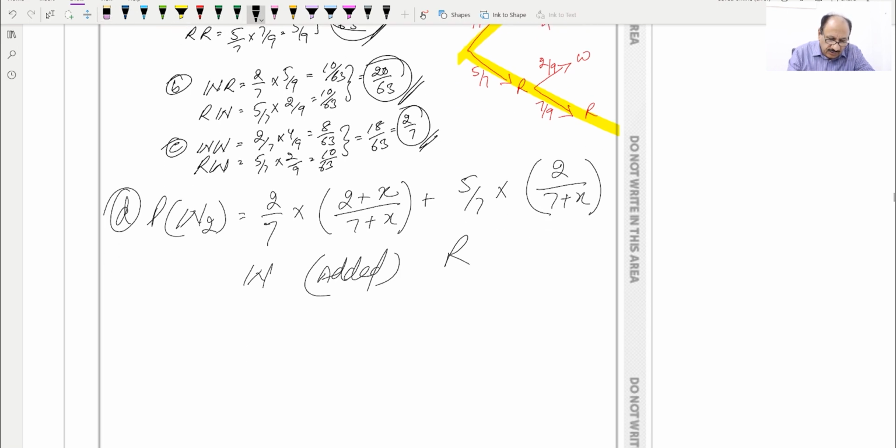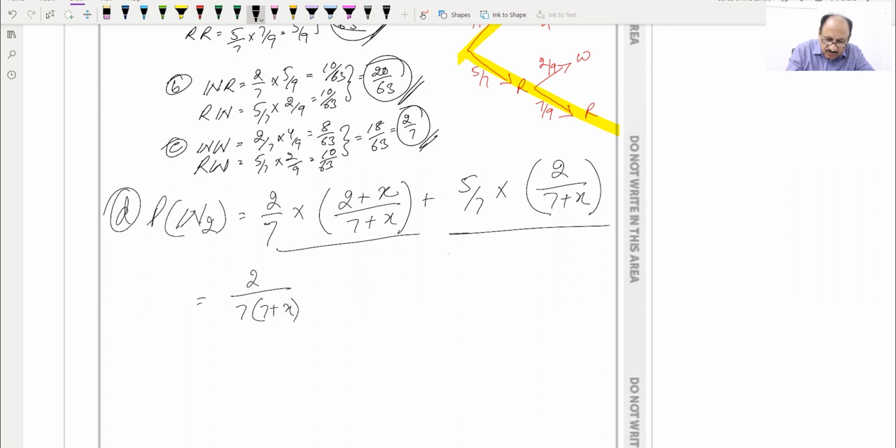Now this one I just wrote for your explanation. I will erase this, and we can simplify. From here we can take common 2 over 7 into 7 plus x. We can take common from this term and this term. Two terms are there, so from these two terms we are taking this part common, and the remaining part I'm just writing here.